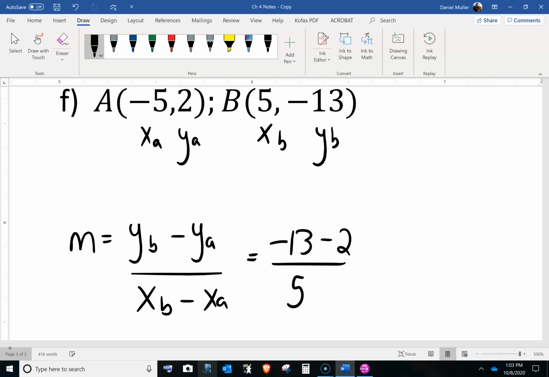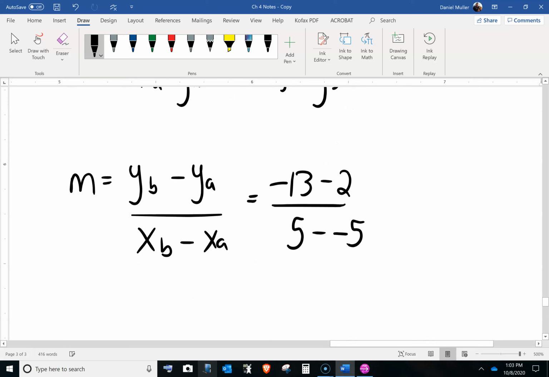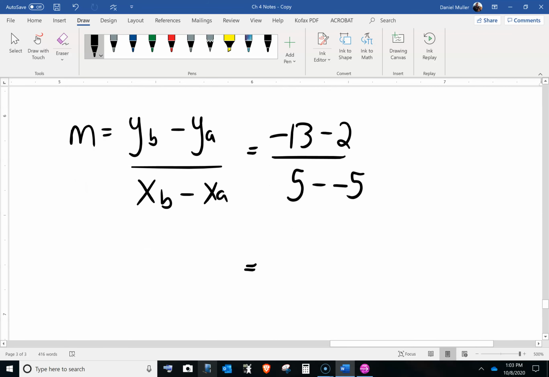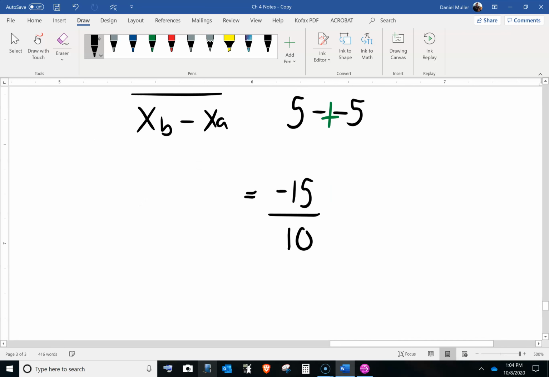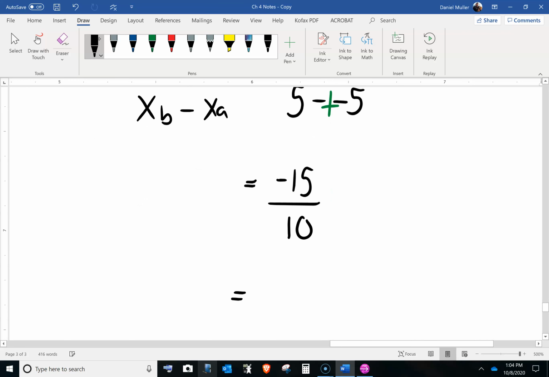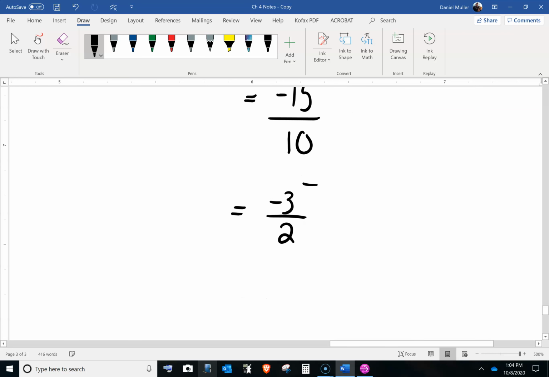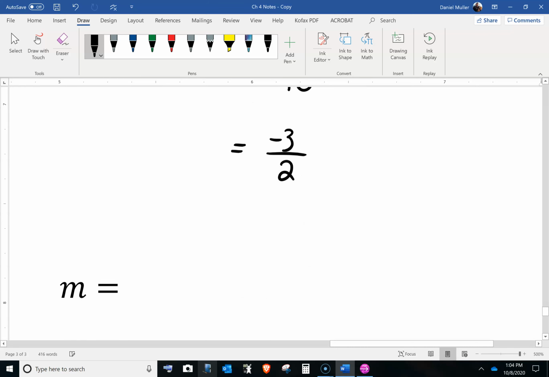XB is a 5 minus XA is a minus 5. So negative 13 and negative 2, they're both negative there, which means we'll have a negative 15. And 5 plus 5, because the 2 beside each other, is a positive 10. Now those can both be divided by 5, so this would become a negative 3, and this will become a 2. So negative 3 over 2 is our slope.